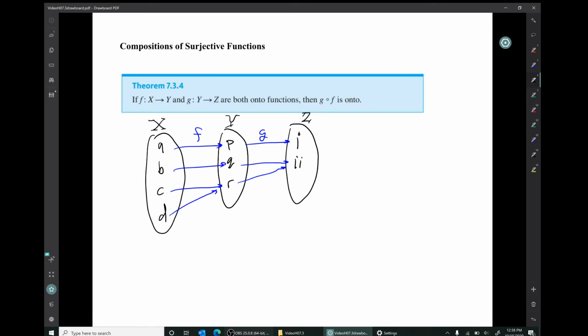So you see that these functions are both surjective, they're both onto, and their composition is onto. That is, every element of the codomain of g circle f, every element of set Z, can be achieved as the output for some input in set X.